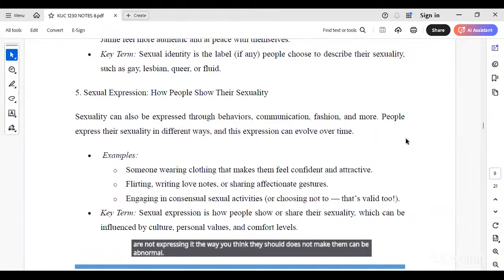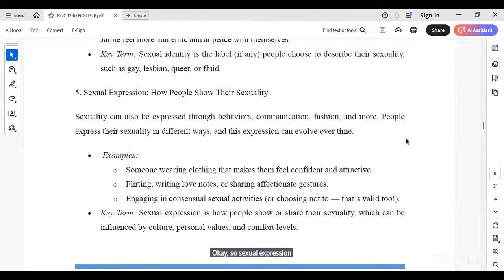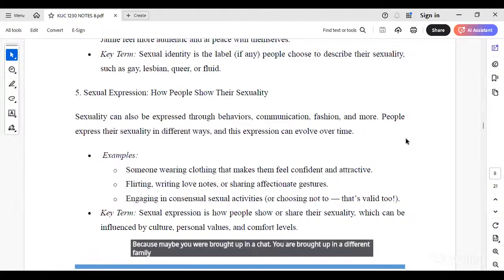Okay, so sexual expression is how people show or share their sexuality. And this sexual expression is largely influenced by culture and personal values, because maybe you are brought up in a church, you are brought up in a different family where values that were instilled in you very early on are different.